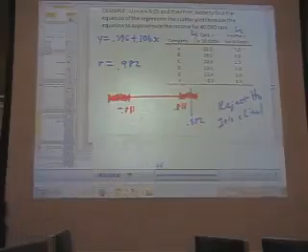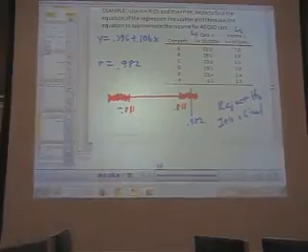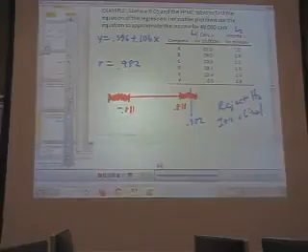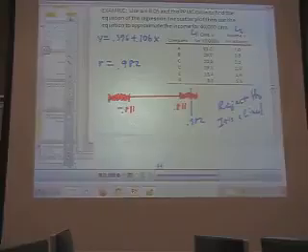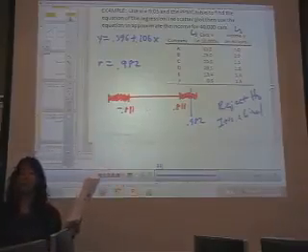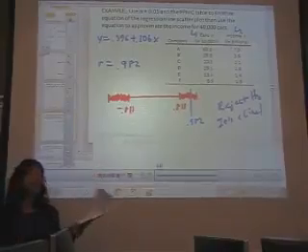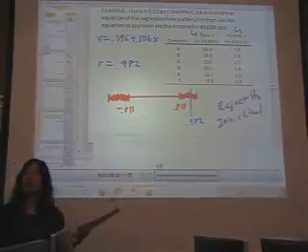We're trying to predict. Everybody look at the example. It says, approximate the income for 40,000 cars. Is 40,000 cars my x or my y?